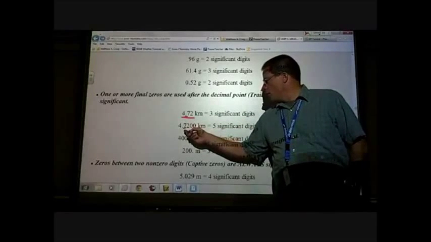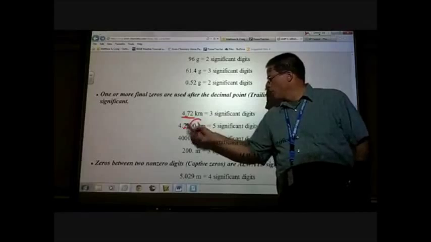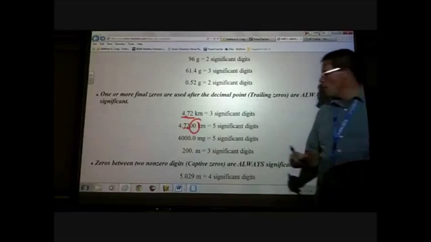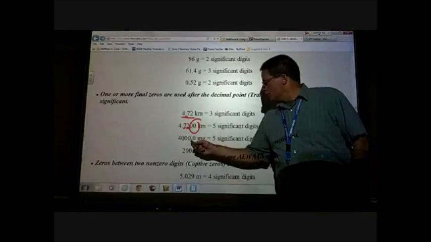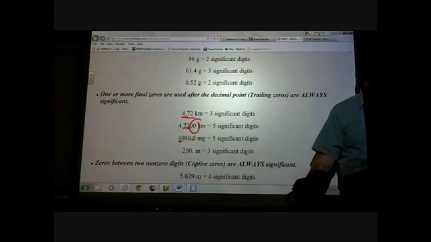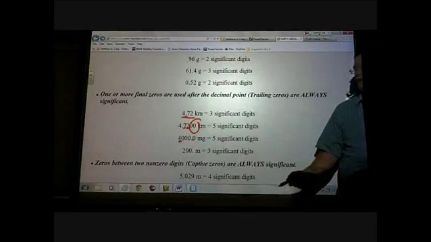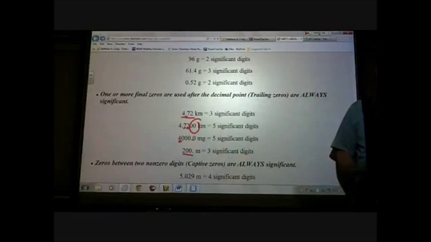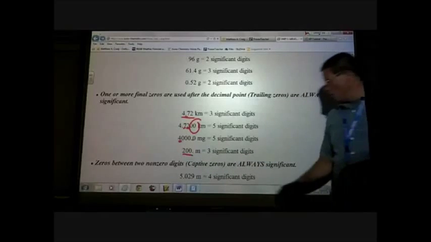Since I have a non-zero number here and here, these zeros are significant. This is probably where you're going to come back and look at the video. Since I have a decimal place here and I have a non-zero number to the left of a zero for the decimal, those are now significant. Also with that one as well. And you're like, what? It gets better.